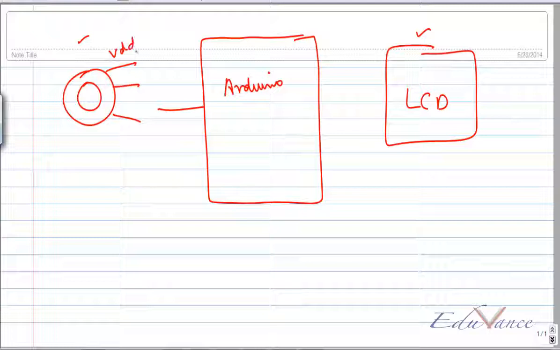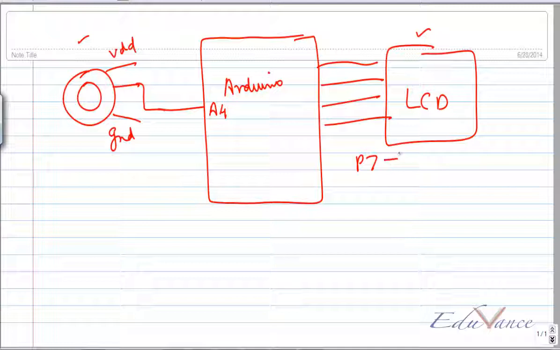So as we know, one terminal of the potentiometer we will connect to VDD, one to ground, and this goes to the analog terminal A4, and you know how to connect the LCD screen, which was from P7 through to P13.